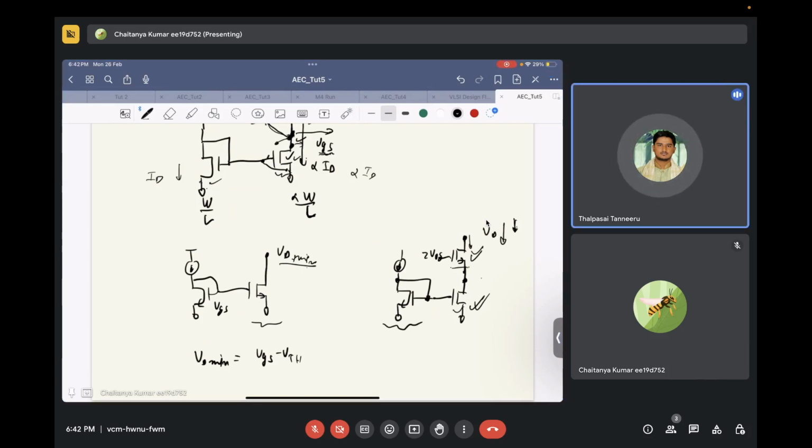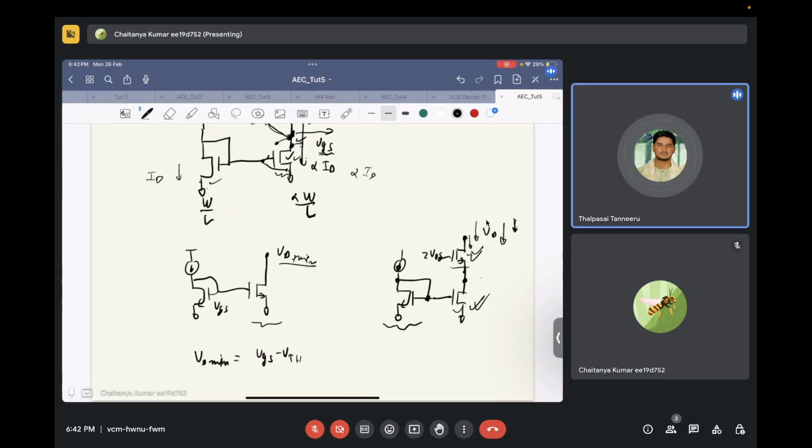Sir, if VD is getting changed, the upper transistor will enter into triode region compared to the lower transistor. Correct. Let's say VD is going down: the drain voltage of the upper transistor will go down at the same rate, while the drain voltage of the lower transistor will go down at a much lower rate. Correct. So this transistor can go into triode. At what VD will the upper transistor go into triode?